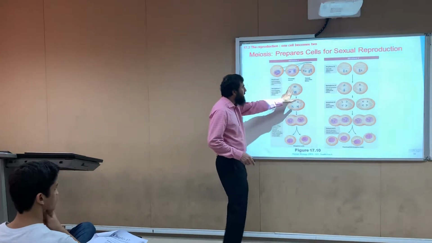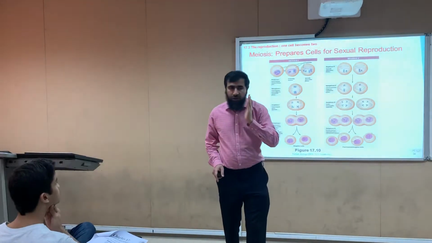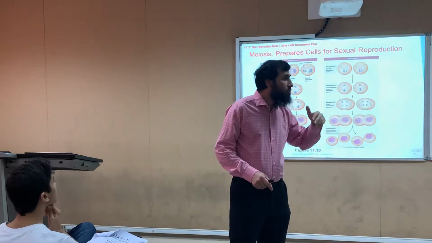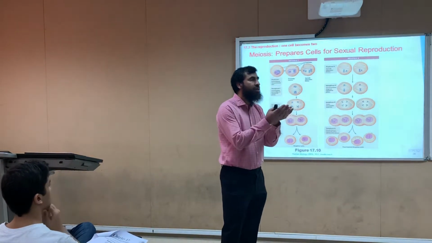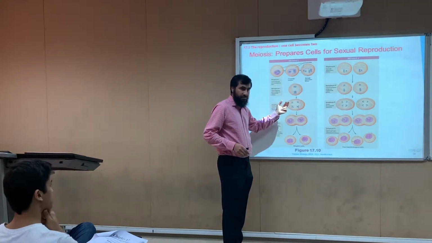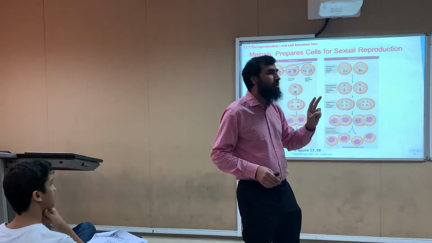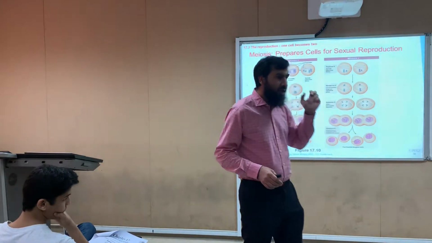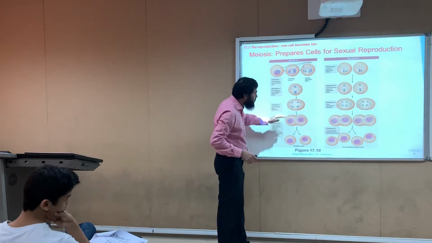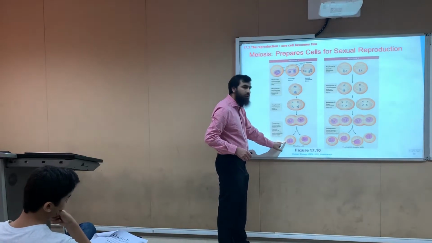In meiosis 1, the homologous pairs line up, because remember, we need to get haploid cells with 23 chromosomes. So in meiosis 1 you get separation of homologous pairs, whereas in mitosis you get separation of sister chromatids. By the end of meiosis 1, you end up with n chromosomes, so this is now haploid.